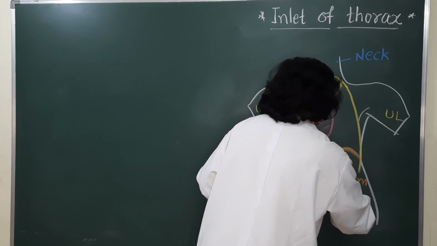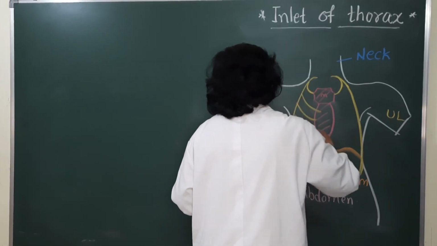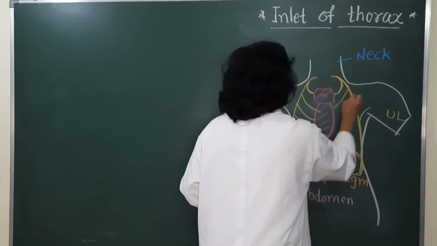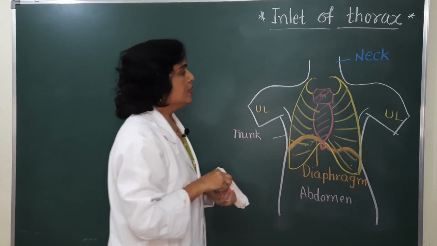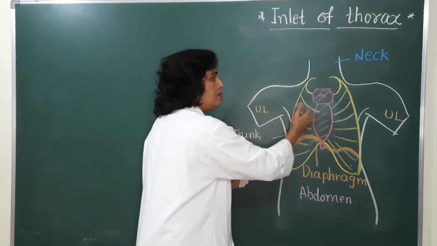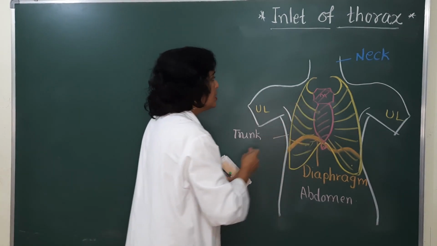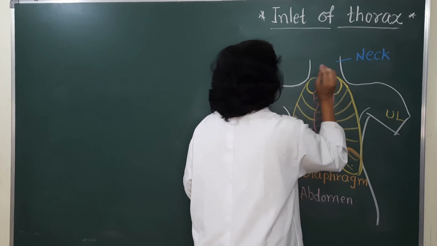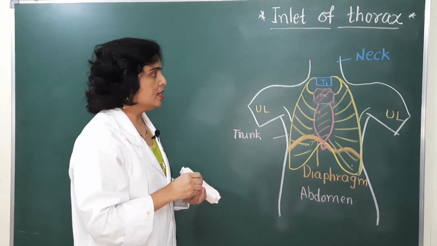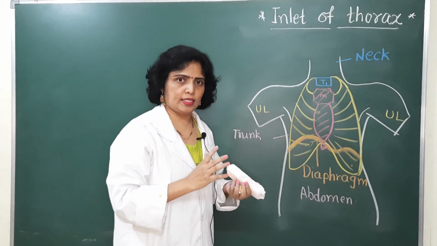So this is the outline of the thoracic ribs, or the rib cage you can say. So there are 12 pairs of the ribs with the costal cartilages, and posteriorly you get thoracic vertebrae. Suppose here is the T1 vertebra. So thus is how the skeleton of thorax is formed by the thoracic cage.